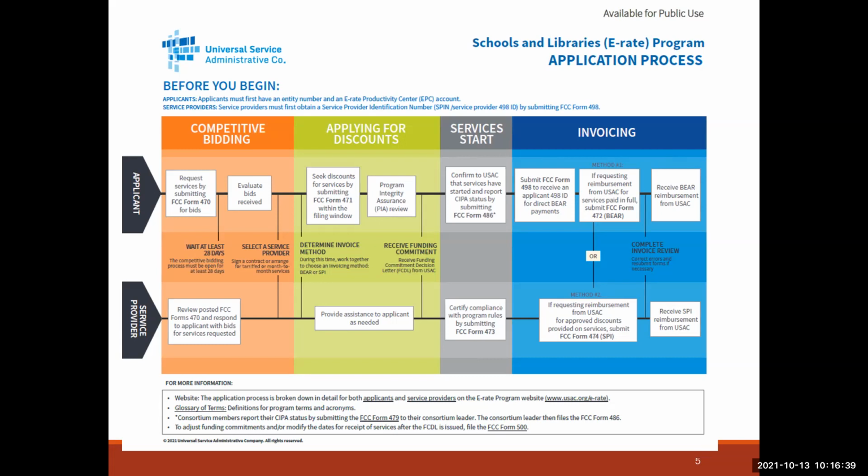In that method, the service provider would then be responsible for invoicing the fund to get the E-rate discount funding. The other option is that you would pay your bill in full as though the E-rate program didn't exist, and then you would be responsible for applying for reimbursement for the invoice to the program to get your E-rate discount funding. That's the program in a nutshell.